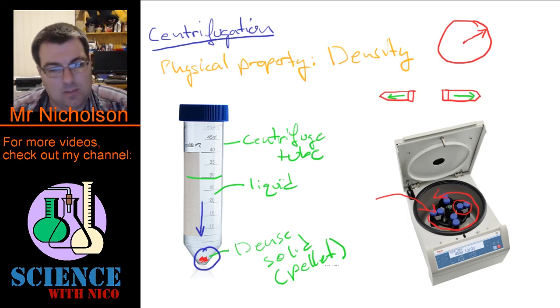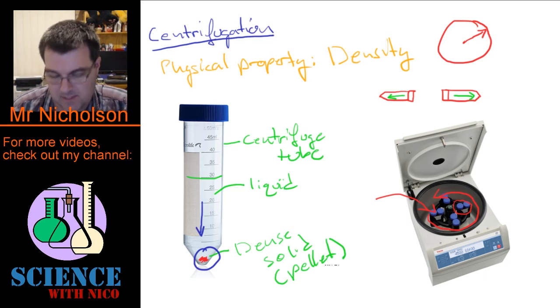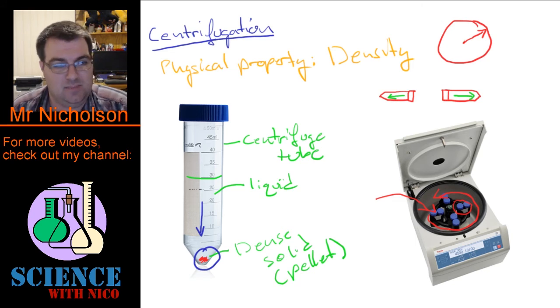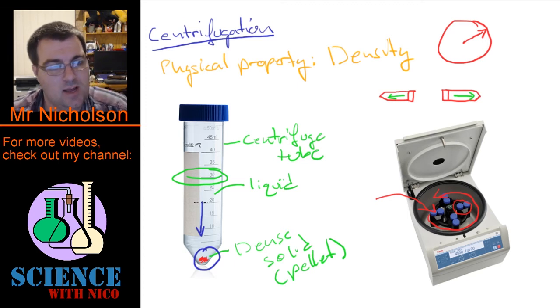A couple of things to think of: if you've got particles of the same density, you're going to have a really difficult time using this technique because they're not going to be separated from the liquid. The second thing is that really fine particles can hang around the air-water interface at the top of the liquid, so sometimes you'll need to remove them from the top before you separate the liquid.